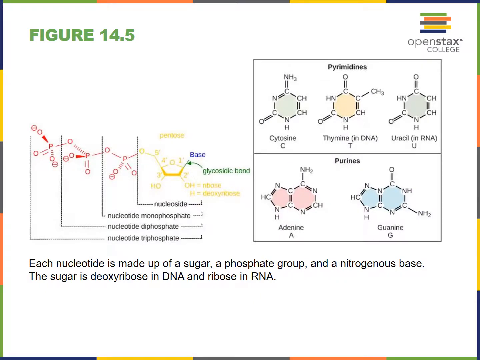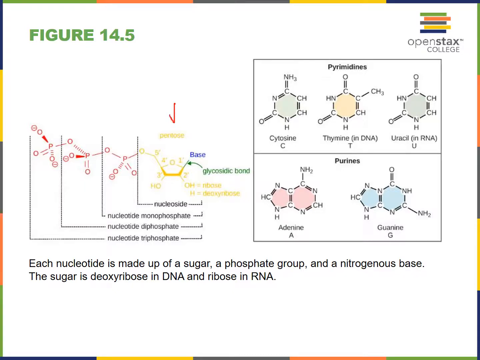About the same time, Chargaff started analyzing DNA content. They knew that DNA had a sugar, a phosphate, and a nitrogenous base.